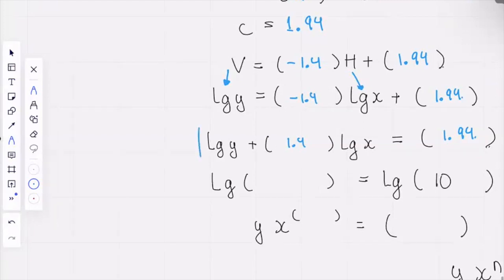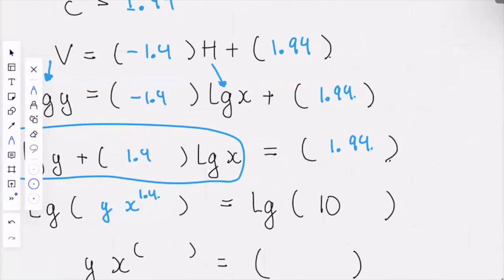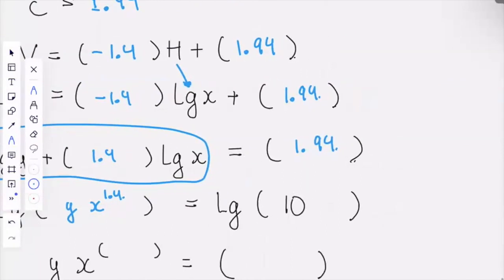Then these two logarithms, we combine into one, become log y times x power 1.4. That coefficient of log x becomes the power. Then 1.94, we change it into log 10 power 1.94.